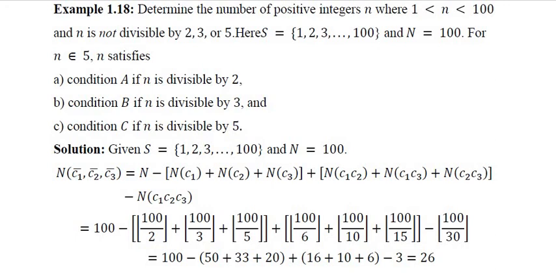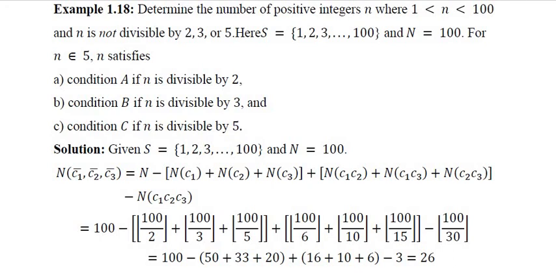So I consider my conditions A, B, C as C1, C2, C3 because our formula is fully in terms of C1, C2, C3. So condition A is denoted by C1, condition B is denoted by C2, condition C is denoted by C3.